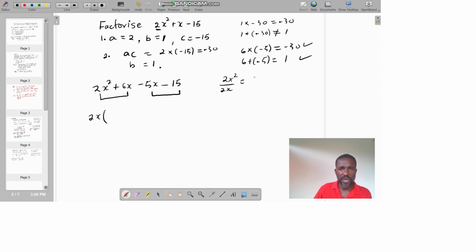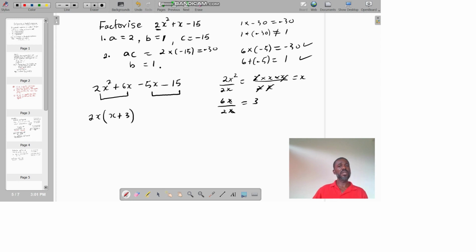What are we going to have? 2 times x divided by 2x, and then x will cancel x, 2 into 2 is 1, so we are left with x. And then 6x divided by 2x: x will cancel x, and 2 into 6 will go 3 times. So we are left with plus 3.